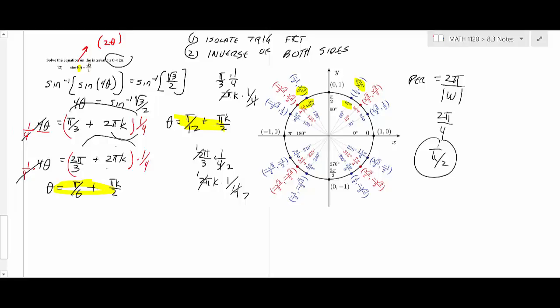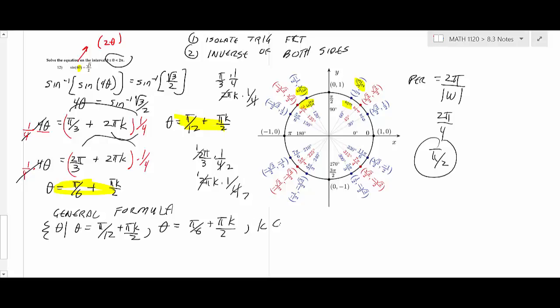If you wanted to get the general formula, what you would have is this. The general formula, the answers would be written like this: set of theta, since theta is our variable, such that theta is pi over 12 plus pi k over 2, comma, then the second answer is theta is pi over 6 plus pi k over 2, with k being an integer.